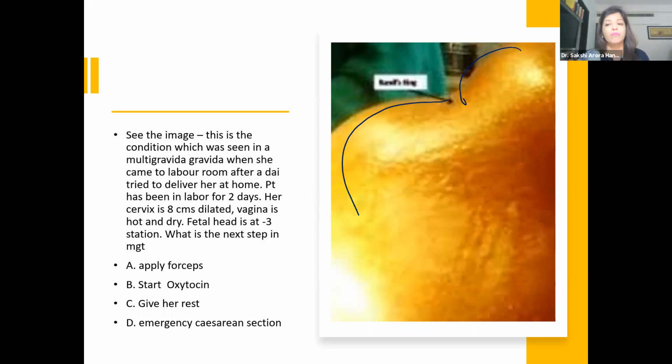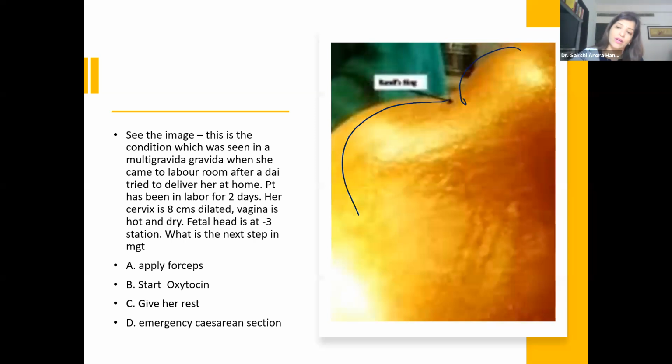So the most important point about Bandel's ring is that this ring can be seen as well as felt per abdominally in a case of obstructed labor, right? And just now I told you, whenever a patient comes to you with obstructed labor, the only management you have to do is immediately do a cesarean section.